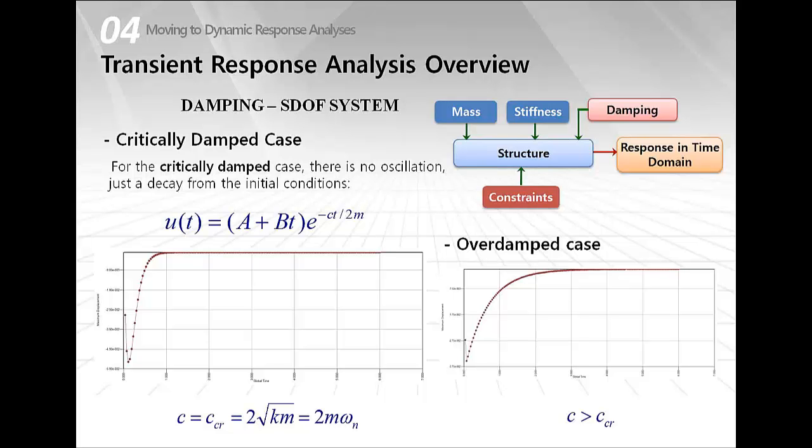As you see, the critical damping coefficient equals mass multiplied by omega n multiplied by 2. And from this graph we see that the system is going to achieve balance very rapidly. For the overdamped case, which takes place when the provided damping is more than critical, the system will achieve balance very slowly.